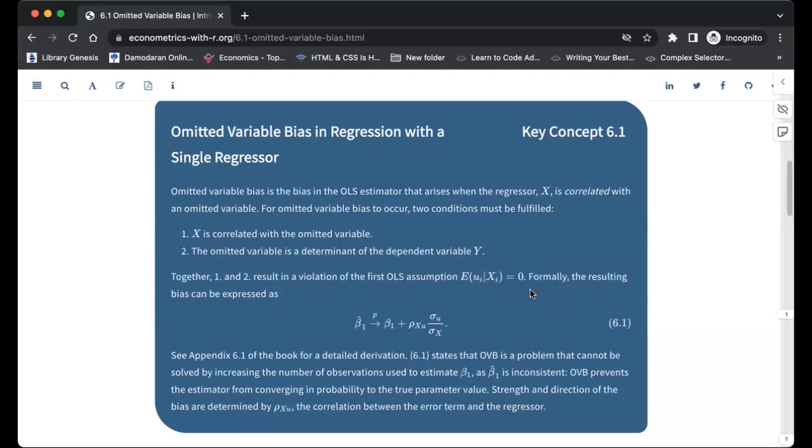The first one is X is correlated with the omitted variable. The second is that the omitted variable is a determinant of the dependent variable. If these 2 conditions are satisfied, then this variable is considered omitted, and we should include it in our model. If not, our OLS estimates will be biased.